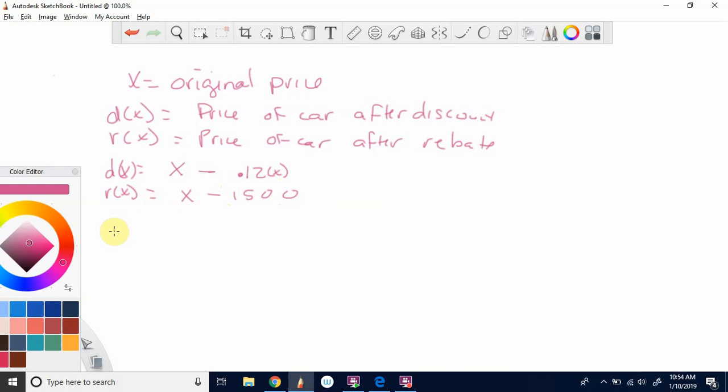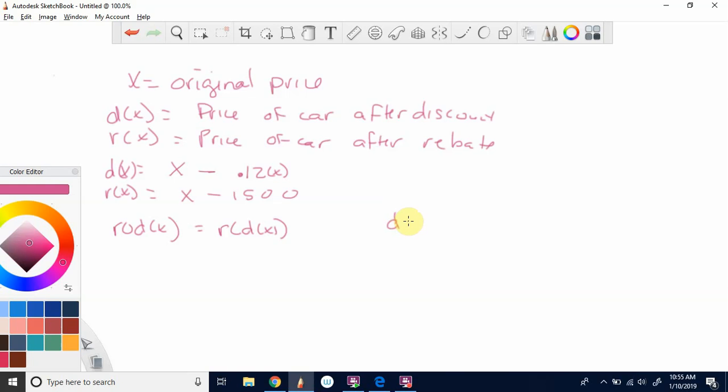So if I do R of D of x, just like f of g or g of f, then really what I'm saying is I do R of D of x. So what's going to go first? The discount and then the rebate.